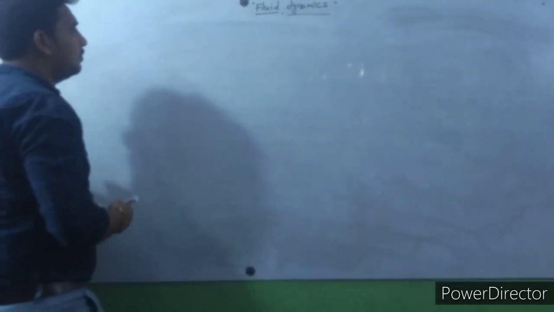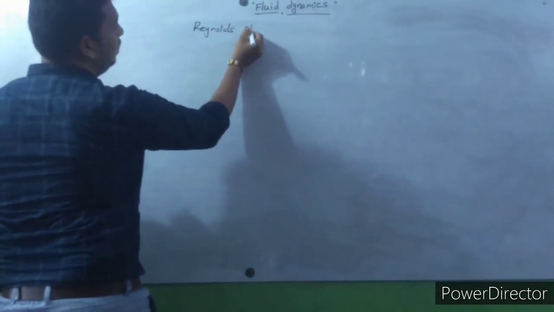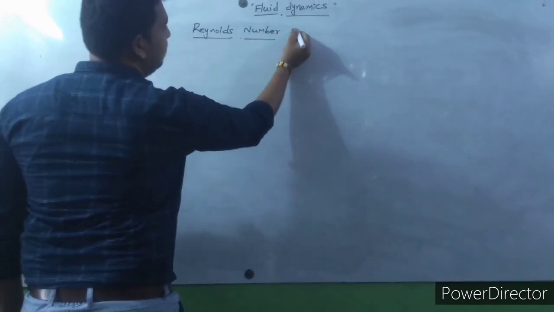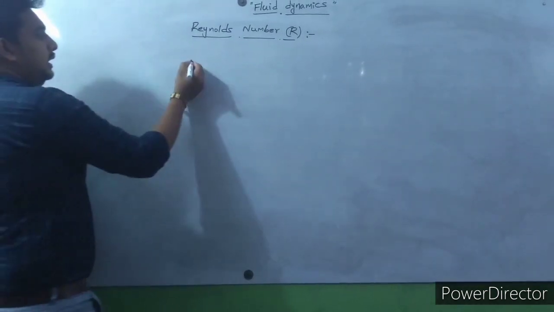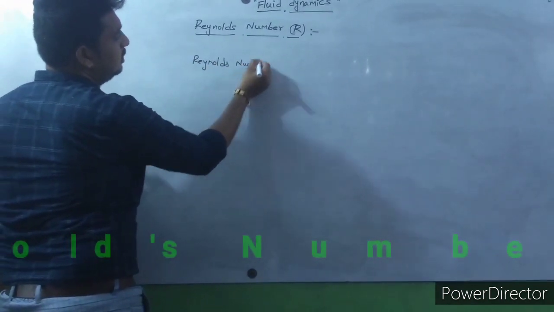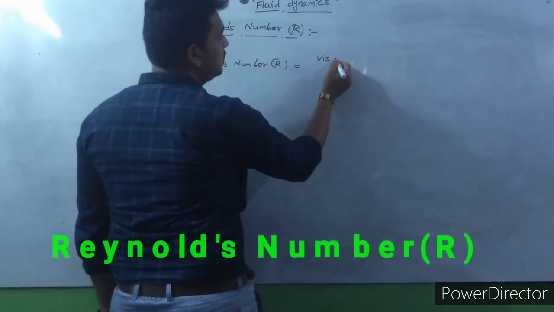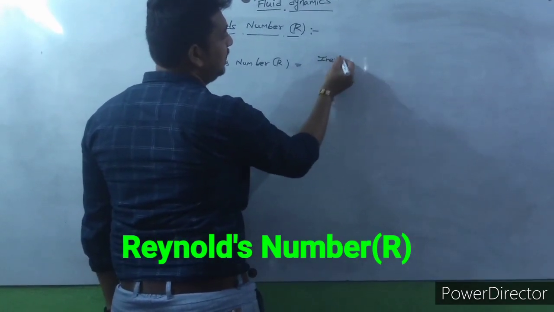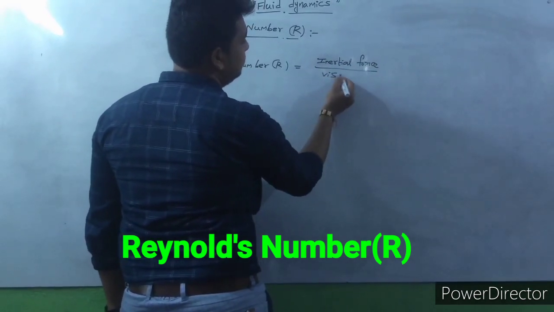Reynolds number. So that is indicated with R. Reynolds number R is equal to inertial force by viscous force.